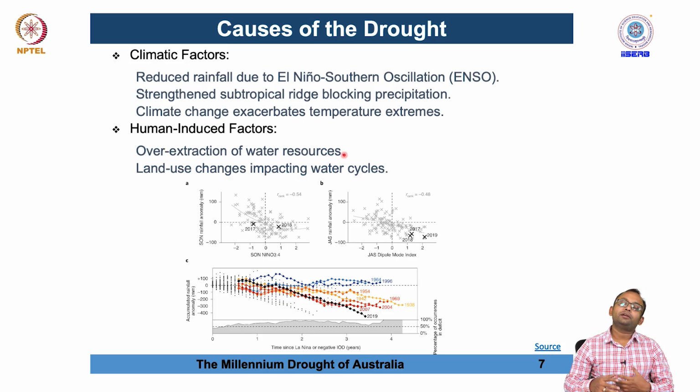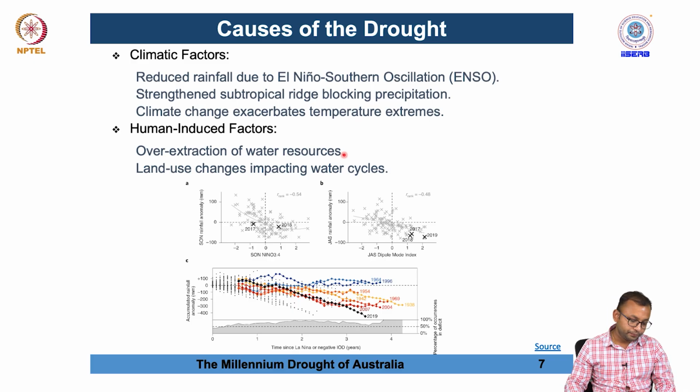When we talk about over-extraction, suppose we have meteorological drought conditions, which means we received very low rainfall in a particular month or season. It can be offset if we already have some water stored in surface water, reservoirs, or groundwater.